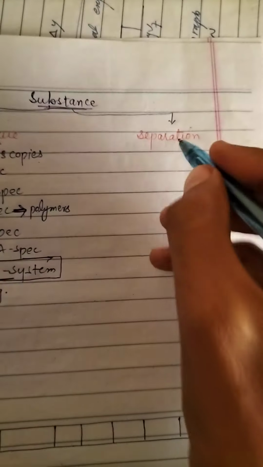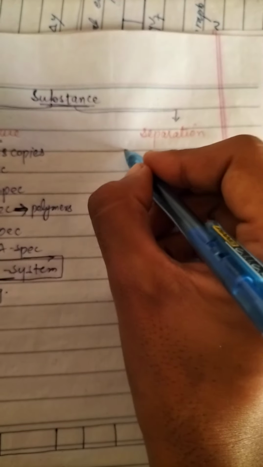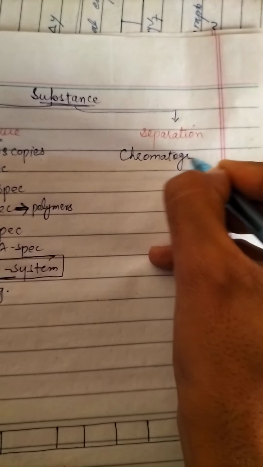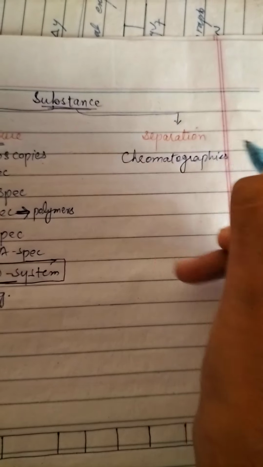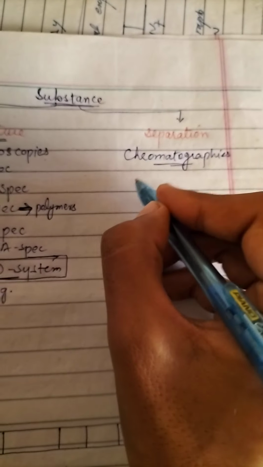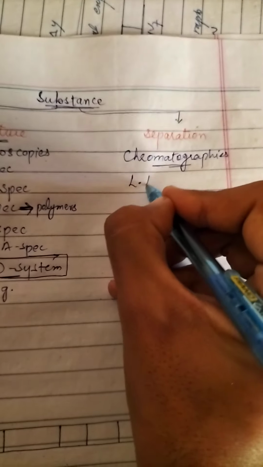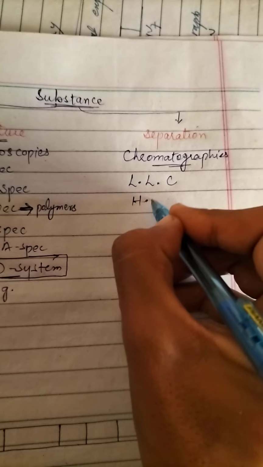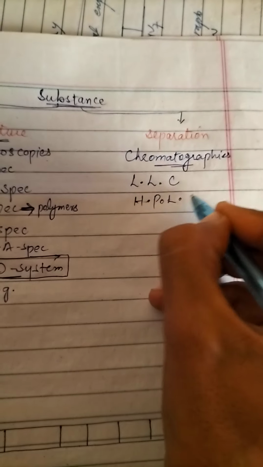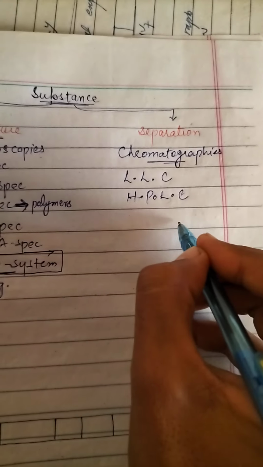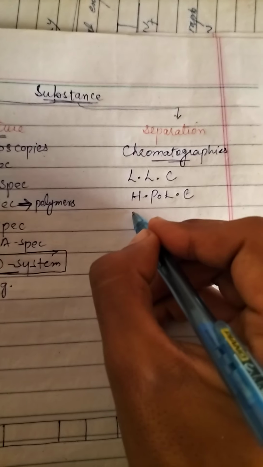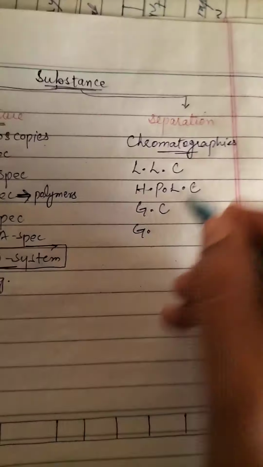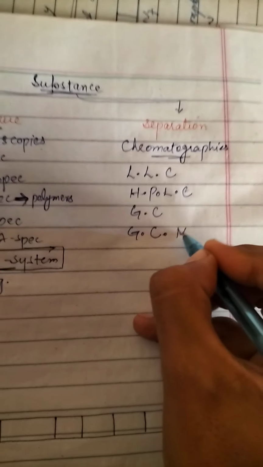Now, the separation techniques are called chromatographies. The modern chromatographies are very important. In modern chromatographies, there is liquid chromatography. One of the finest is HPLC, high performance liquid chromatography, then GC and GCMS.